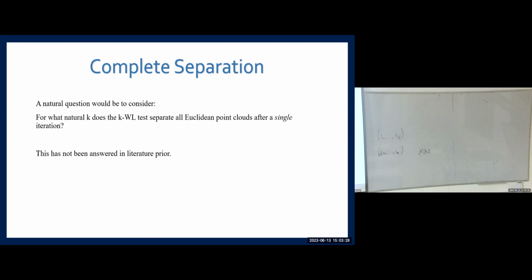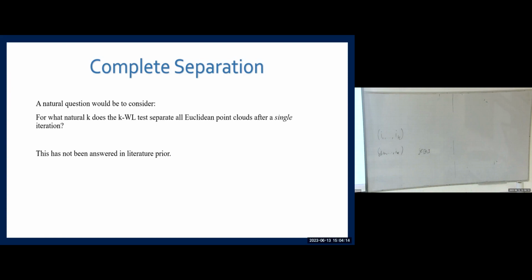So we consider this question and try to think about what k is sufficient for this iteration, meaning that any non-isomorphic point clouds, when feeding their induced Gram matrices into this algorithm, give different hashes. This question was not answered in the literature, and many people thought you had to run this test pretty much until infinity. There was no definite answer for what k achieves complete separation.